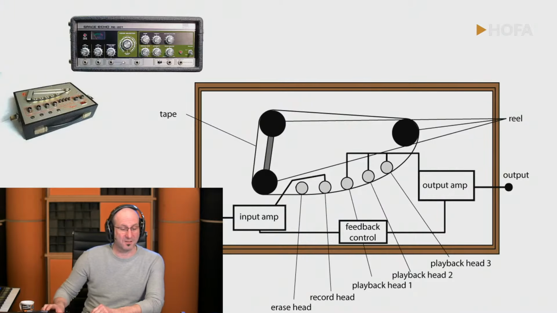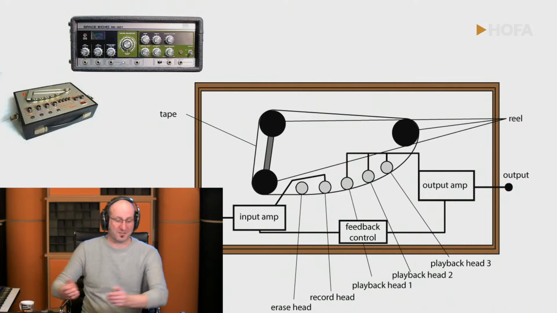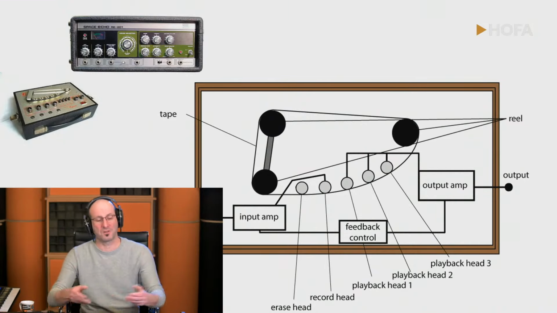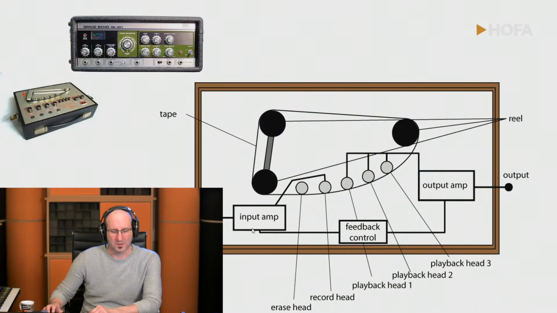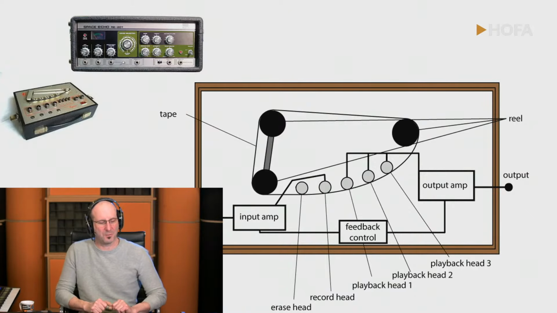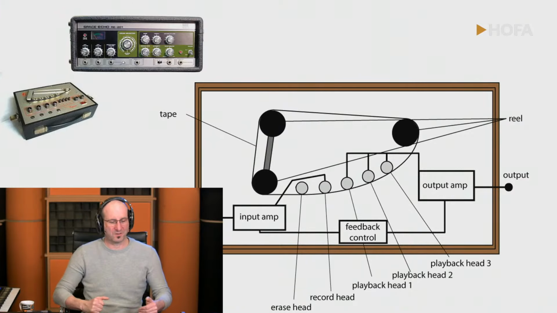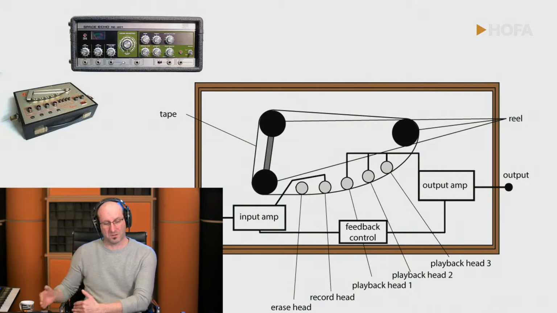And the thing is, it's just what it says it is: a tape delay. It's using a tape machine, a tape that is running through an input amp, with different heads: an erase head to erase what's been on the tape before, because it's running in a loop, and then one record head for the incoming signal, and 3 different playback heads.